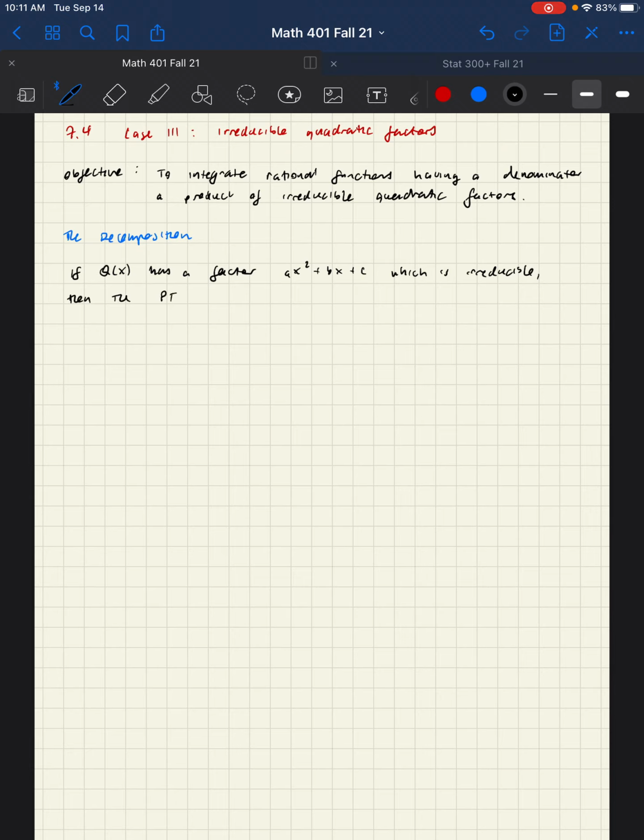Then the partial fraction decomposition has a term of the form Ax plus B, these are the capital letters that are undetermined coefficients, over ax squared plus bx plus c.